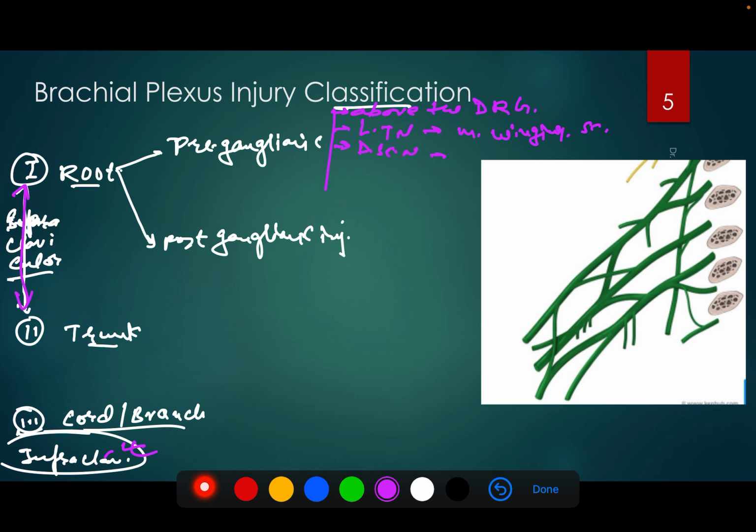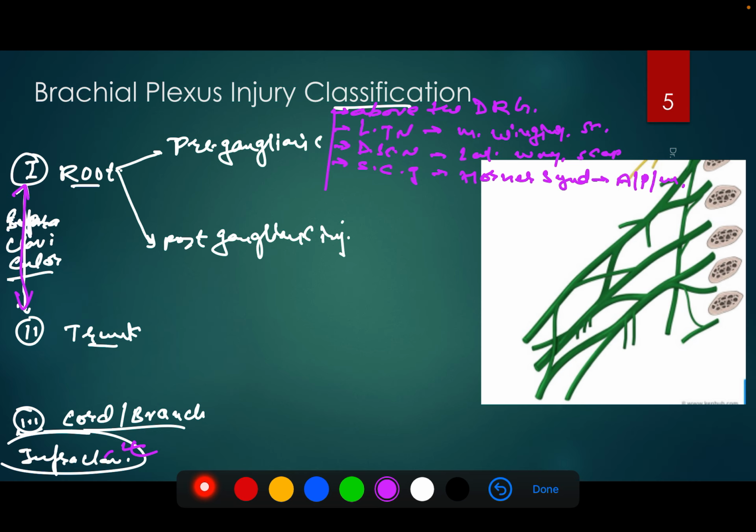If so, the patient presents with lateral winging of the scapula. If it involves the sympathetic chain ganglion, then the patient presents with Horner syndrome. Horner syndrome means, if you remember, we had three things: anhidrosis, ptosis, and miosis. So these were the presentations.